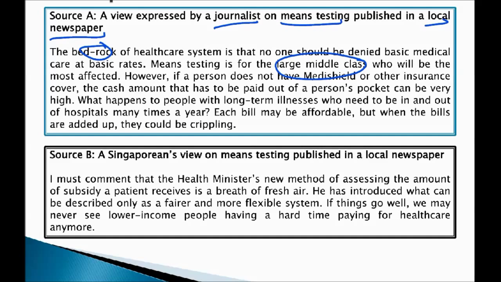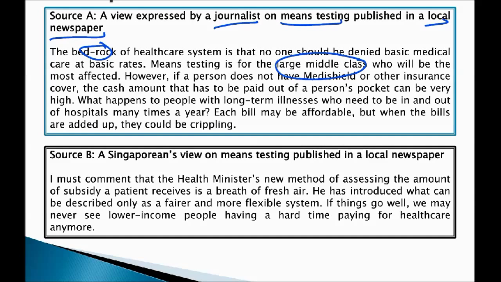There is high income level, middle, and then low. So middle is those who are not earning as much as the high income. Those who earn a lot, they are called higher, those from the higher income range, and usually they are not very much subsidized by the government because of means testing. They are not covered. So this person is saying means testing is for the larger group of us who are mostly in the middle class, so we will be the most affected.